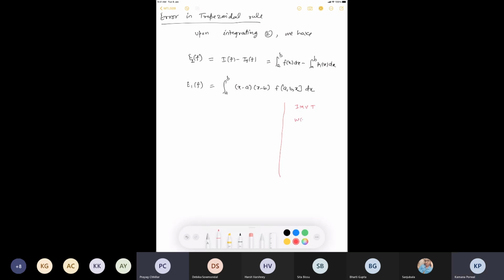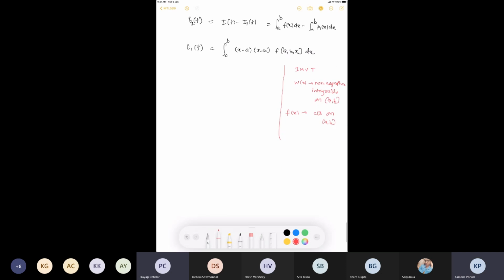It says that if you have a non-negative integrable function, let's call it w(x), and let's say f(x) is a continuous function, and you talk about the integral f(x) w(x) dx, then there exists a xi in the interval (a, b) such that this integral is the same as the integral of w(x) times f(xi). So this is what the integral mean value theorem is.